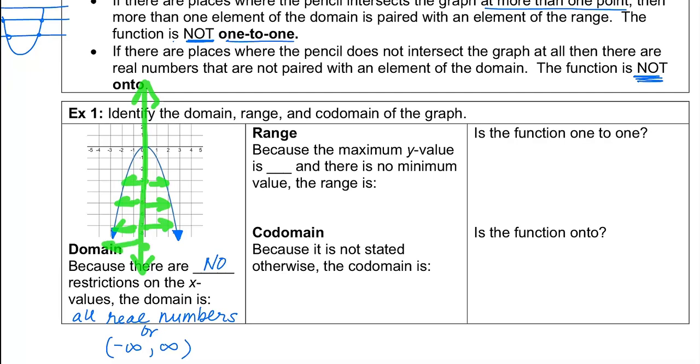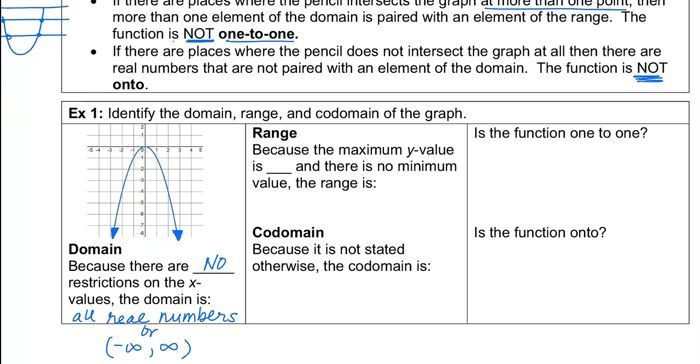I could go down forever, can't I? Because of those arrowheads. Can I go up forever? What about up here? Are there points to the left or to the right? There's not. And so what's the highest value that y can be, right? What's the highest I can go on the y-axis?